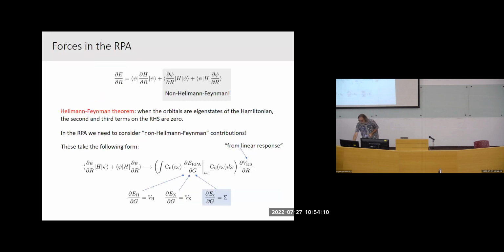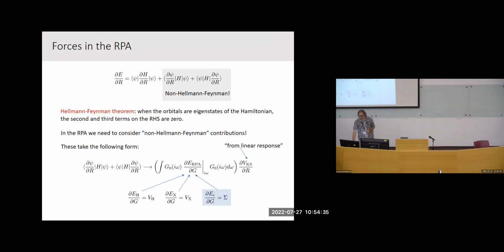One thing I would like to mention is that within the RPA, we also have expressions to evaluate forces. There's a generalization of the Hellmann-Feynman forces that is valid for these random phase approximation total energies. So we have forces and stress and total energies.